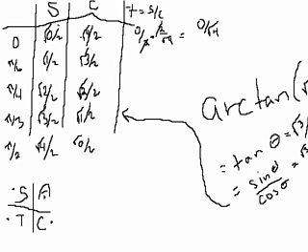And so what angle would that be? Pi over 3, yeah. Pi over 3 is perfect. So your answer is pi over 3.